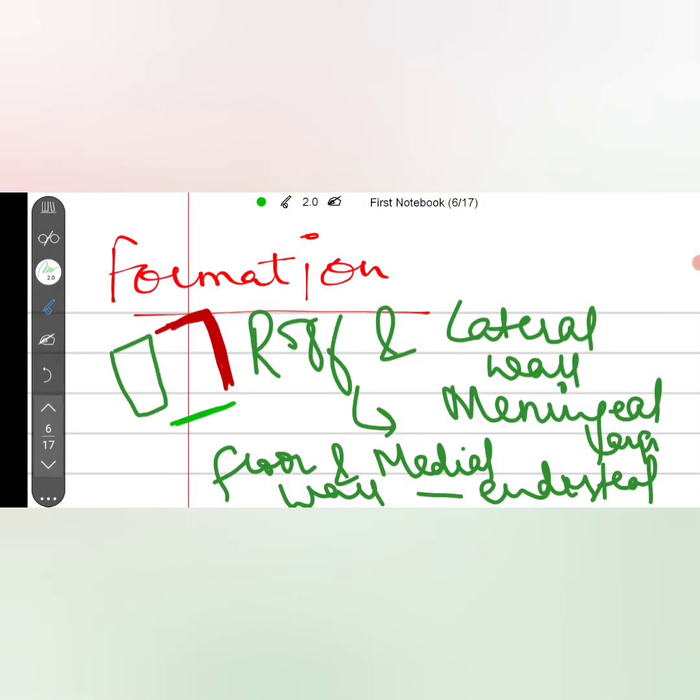If this is the body of the sphenoid, the roof and the lateral wall are formed by the meningeal layer, in red color, and the floor and the medial wall are formed by the endosteal layer of the dura mater. In between we have the endothelial lining for the sinus and venous blood.